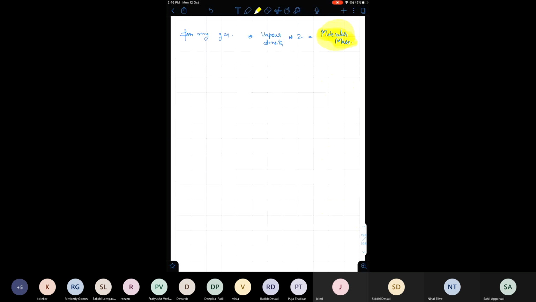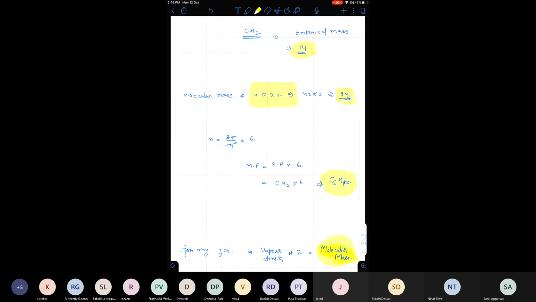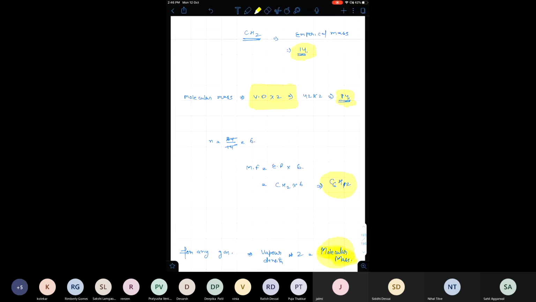Understood? Understood, all of you? Any problem to anyone in this? Once you know the empirical mass, divide it from the molecular mass and you will get the value of N. Multiply that N with the empirical formula, and that will give you the molecular formula.